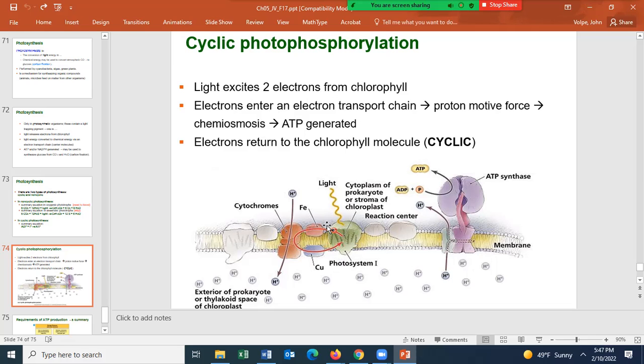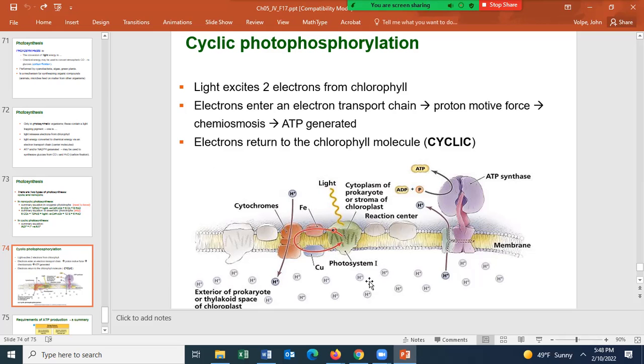As the electrons are moving, when they come through this protein, they give the protein the energy it needs to pump hydrogen from this side of the membrane to that side. The hydrogen builds up on this side, creating a potential energy difference where the hydrogen wants to come over to the other side.